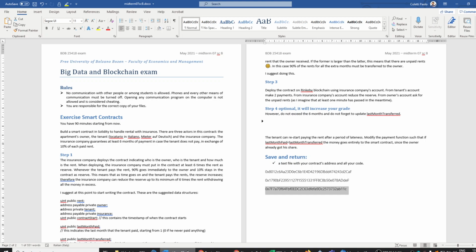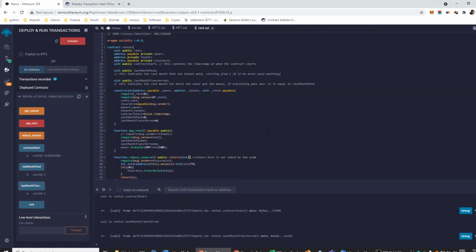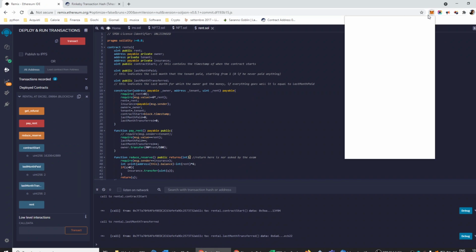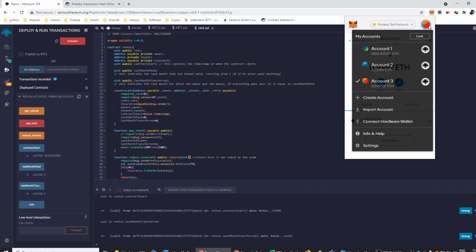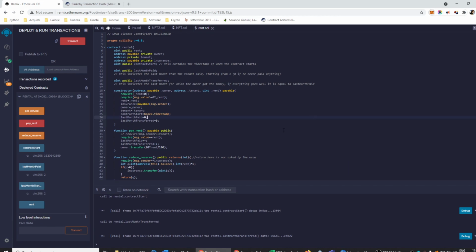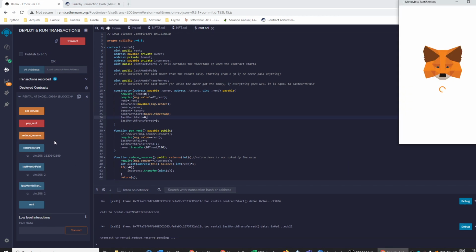Now, from insurance company accounts, reduce the reserve. So, change identity. Change to insurance company, reduce the reserve. Reduce reserve.